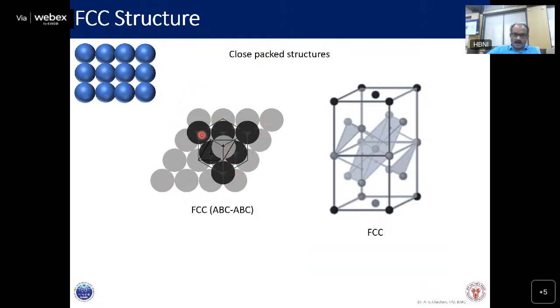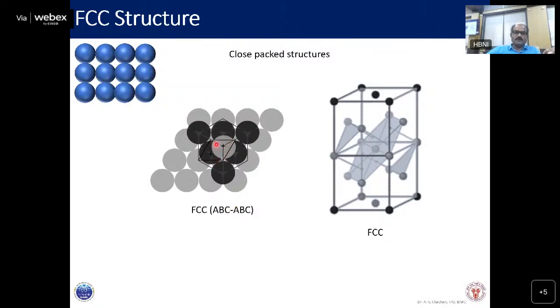Now the same thing is shown here. This is one layer. Another layer is where in this group we have put the black color spheres, and now when you want to put a third layer over this layer, you can see there are two possibilities. You can put the sphere exactly above the sphere which was in the first layer, or you can put the sphere in a third layer fashion, like a C layer.